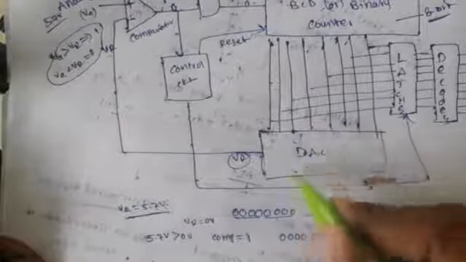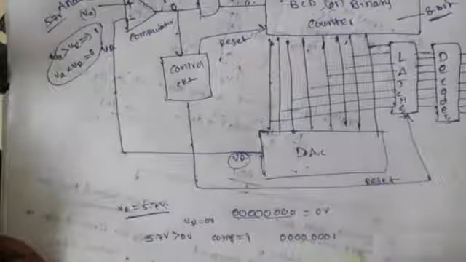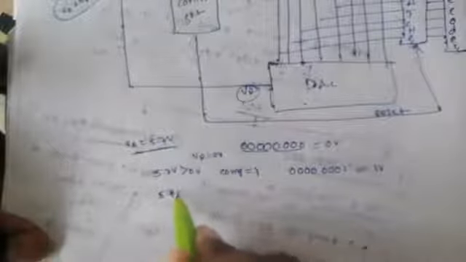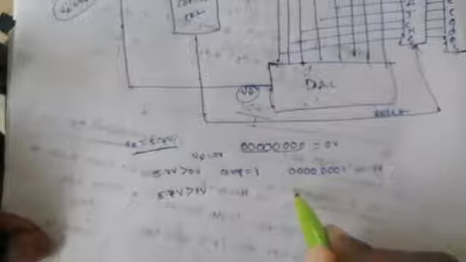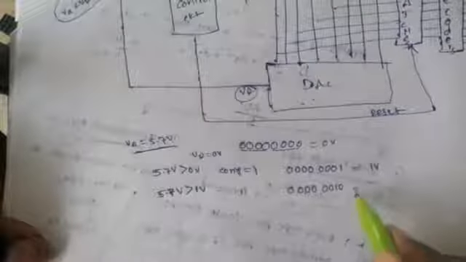Again using the D to A converter, this binary data is converted into analog form, 1 volt, which is applied to the comparator. 5.7 volts is greater than 1 volt, so the comparator output is again 1. The binary counter receives a clock pulse and is incremented, and the value is again converted to analog. Now 5.7 volts is greater than 2 volts.